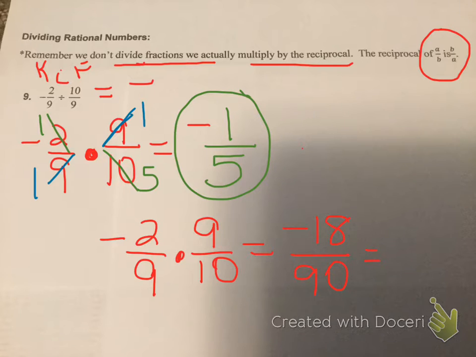So you might divide this and say, well, 18 and 90 are both divisible by 9. 18 divided by 9 is 2. 90 divided by 9 is 10. And then you would go one more time with the negative 1/5. I don't know if you would get to the negative 1/5 right off the top. So the cross-canceling works well, or you could just multiply straight across, but then you must simplify it.